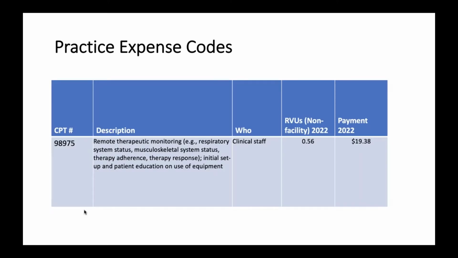So just looking at the reimbursement, kind of look at some kind of return on investment for this. Here's your education, your clinical staff under direct supervision. It's 0.56 RVUs in a non-facility, because I can't bill for this in a facility. Well, I can bill it out on the UB04.